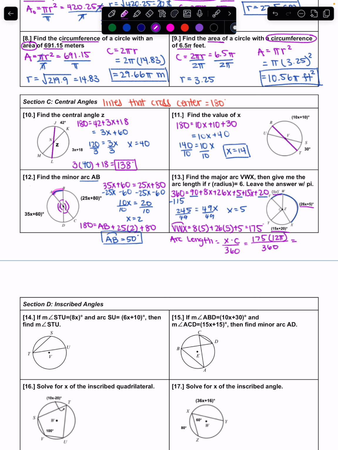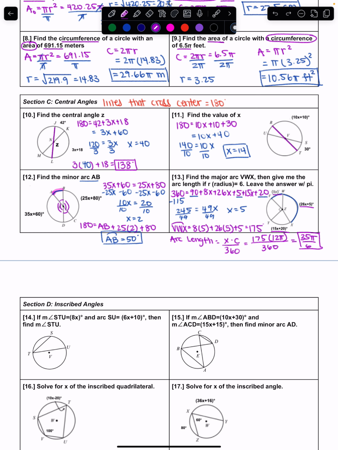Okay, so it asks us to leave the answer with pi. So if I multiply the 175 with the 12 and divide that by 360, I'm going to be left with 35 pi over 6, okay?